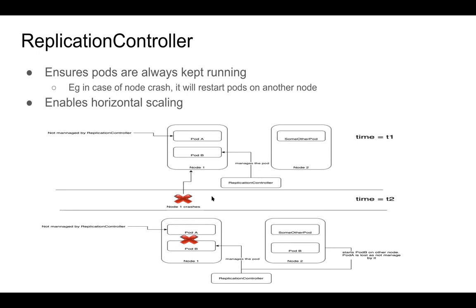Now let's say node 1 has crashed after some time. Because pod B was managed by replication controller, pod B gets restarted on some other node. But pod A has gone for good because it was not managed by replication controller.